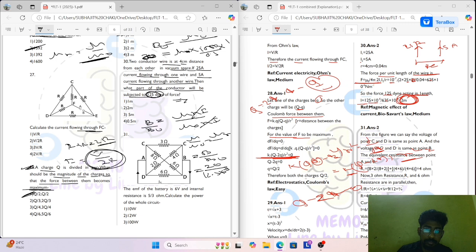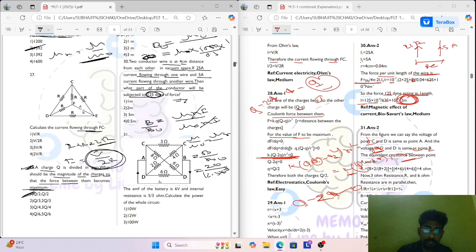That is L square. So root over 0.3, we will get around 0.5. So answer will be around 0.5. Therefore option number 3 will be the correct option.